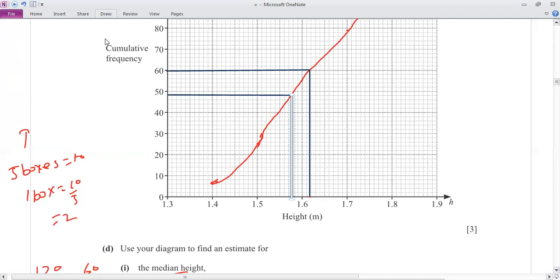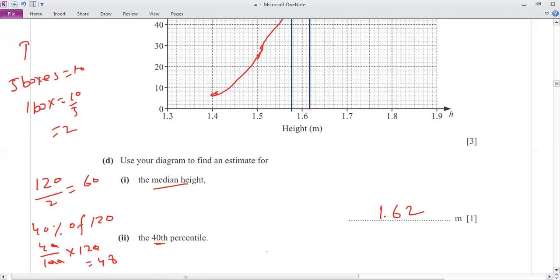What is this value? If you see 1.51, 52, 53, 54, 55, 56, 57. So you can say 1.575, even half of that one. Even if you write 1.57 or 1.58, both will be acceptable values. No issue.